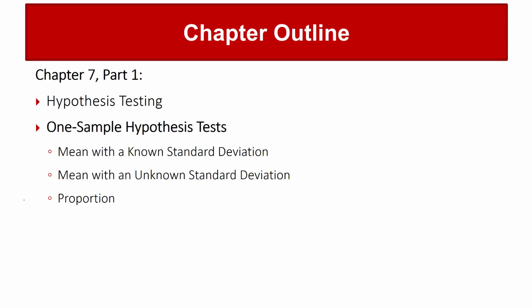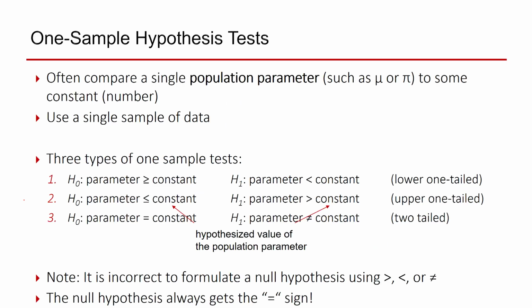All right, so one sample hypothesis test. We often compare a single population parameter such as mu or pi, the population mean or the population proportion, to some constant number. We use a single sample of data in this case, and there are three types of alternative hypotheses.